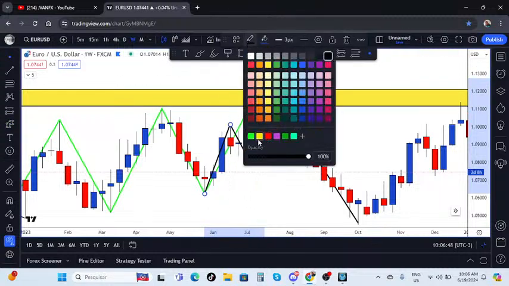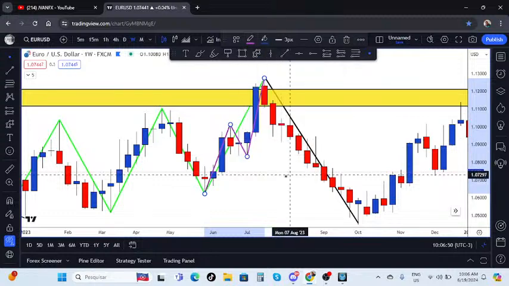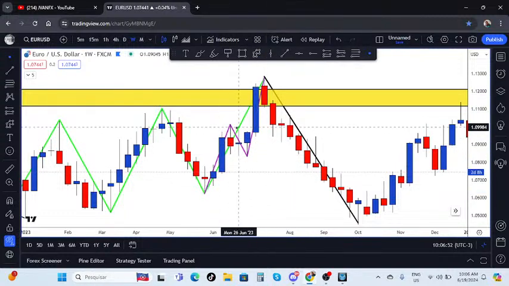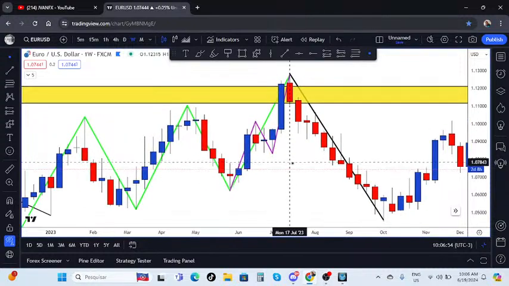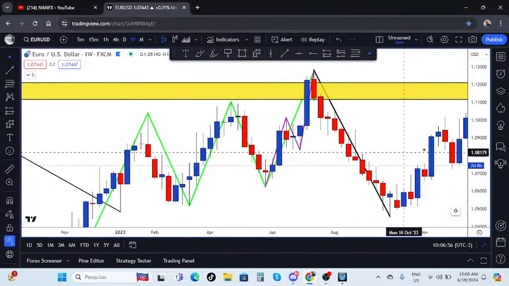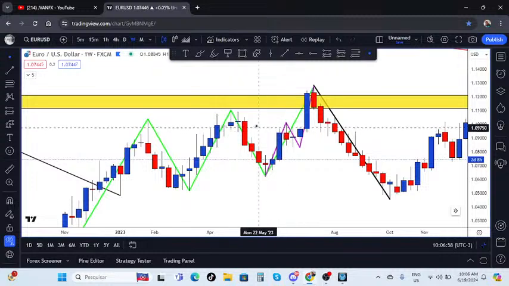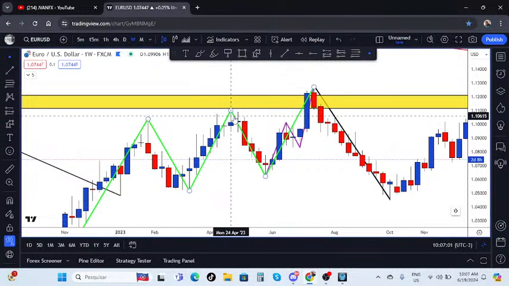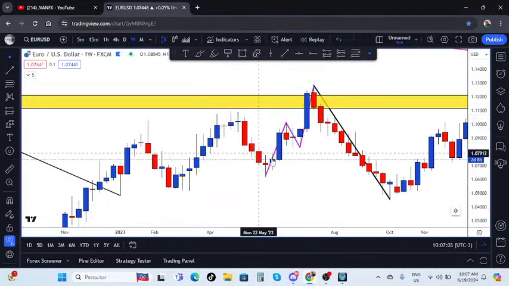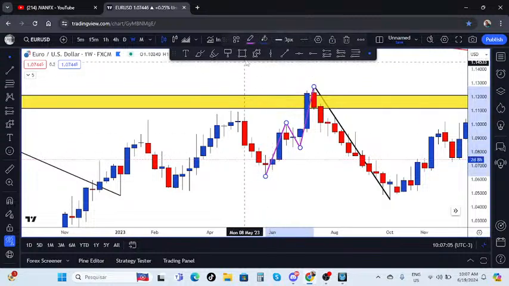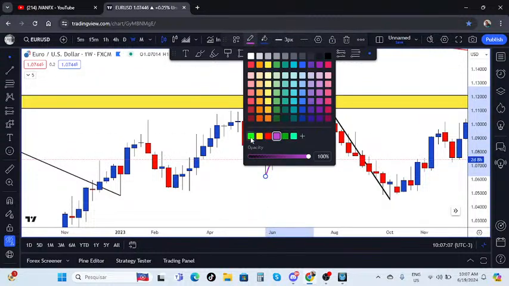So at this point in time, when the market made this short-term uptrend, if you go to the daily right now, we are going to see this short-term uptrend. So I'm going to take this green line off and leave this. Let me change this one to green also so it can be clear.